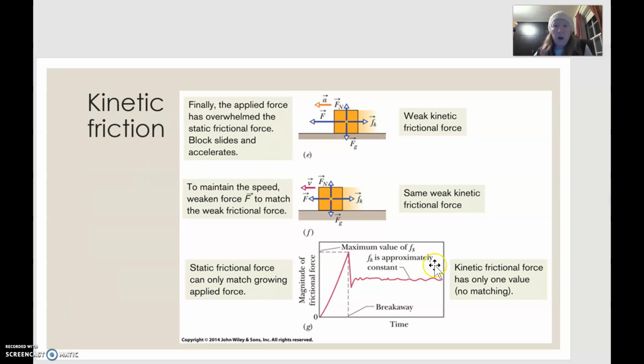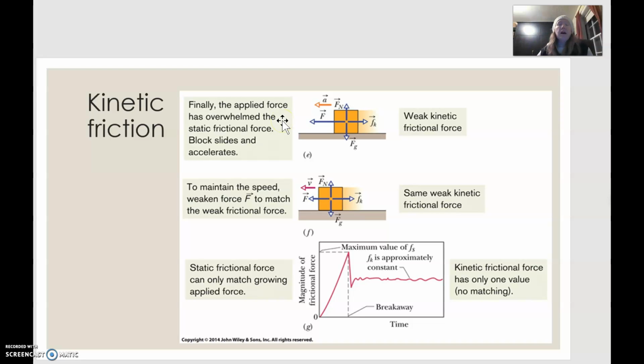So how this works is, going back to the very first example, if we got this box finally to move, so we have a force large enough to win over the maximum static friction force, then the box starts to accelerate, and then it's moving.